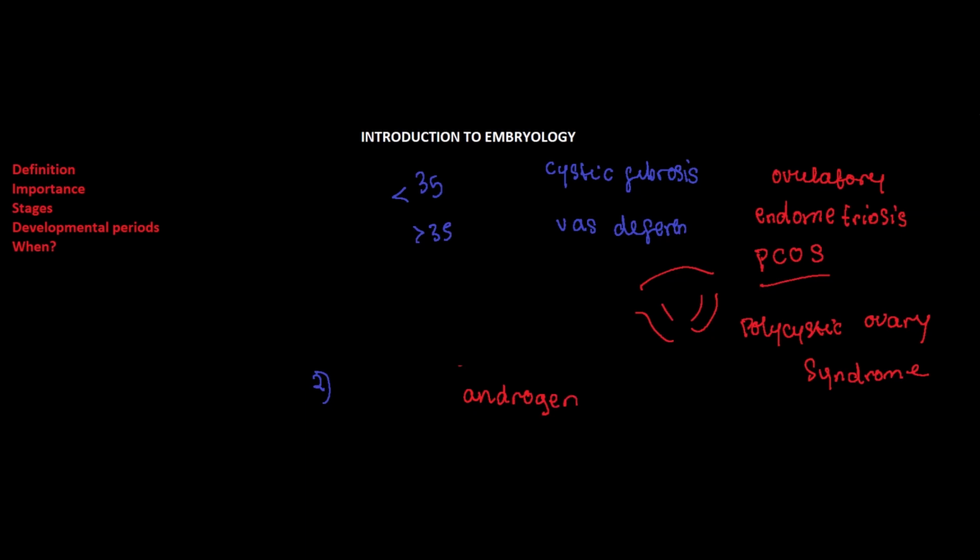Androgen is a male sex hormone. People with PCOS usually experience irregular or sometimes missed menstrual periods, and because of this abnormal amount of androgen, they may have abnormal body hair, like facial hair and things like that.